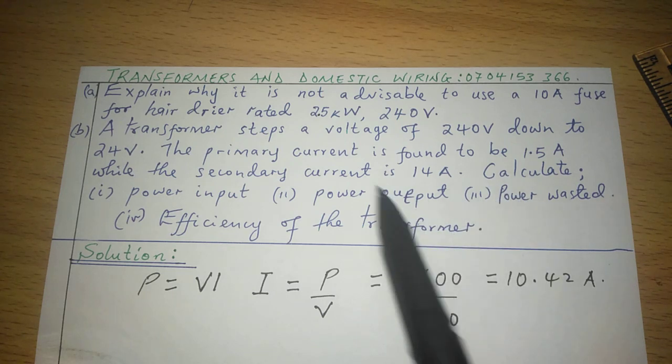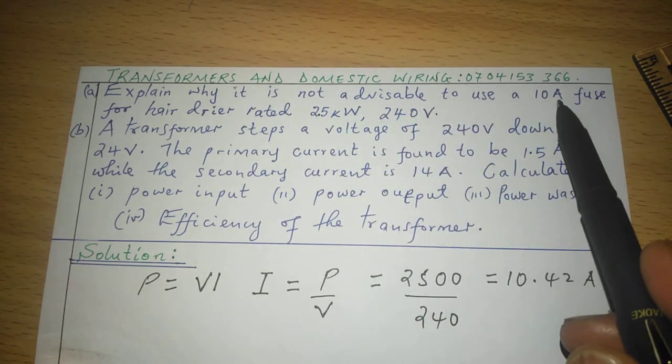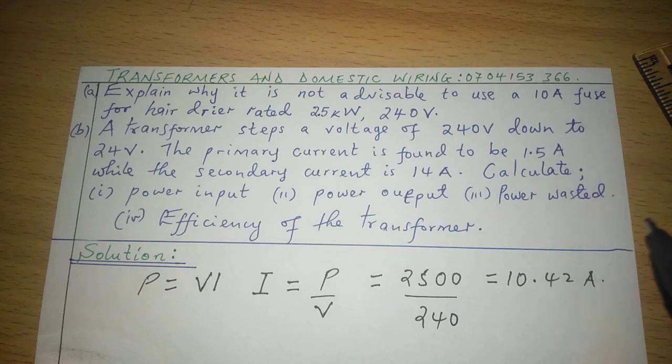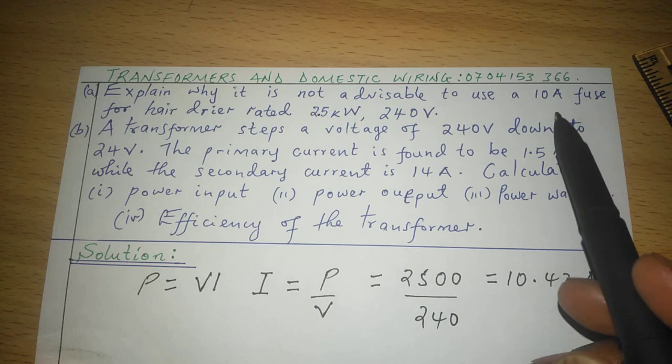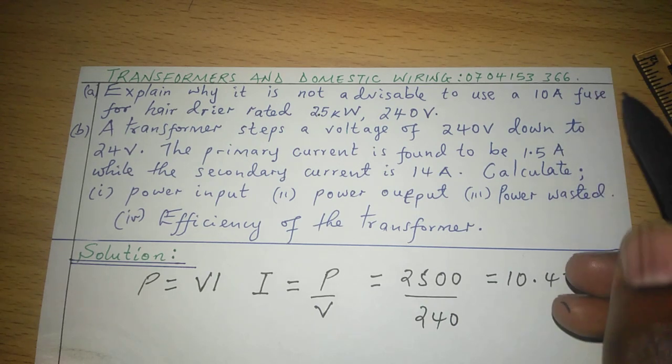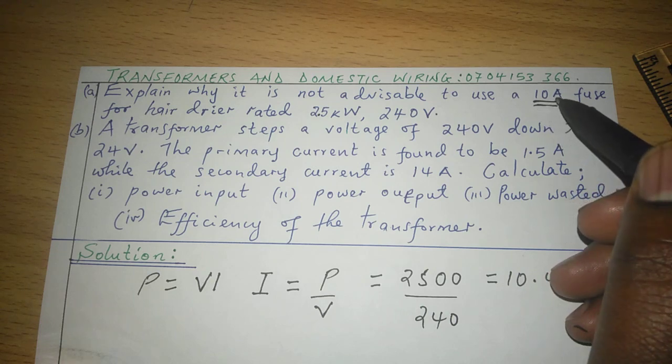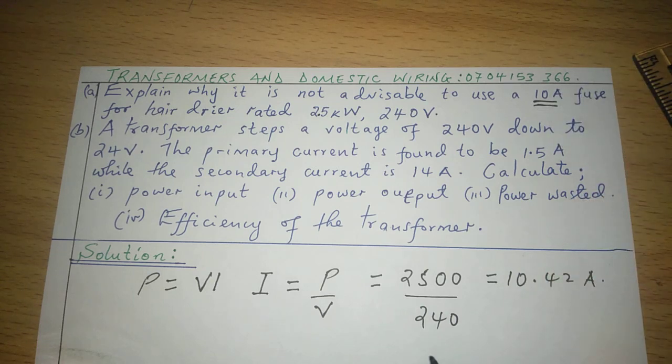Then we are asked to explain why it is not advisable to use a 10 amperes fuse for this dryer. We can see already the current which the dryer requires is above the rating of this fuse. So this fuse will immediately melt when the switch is turned on.